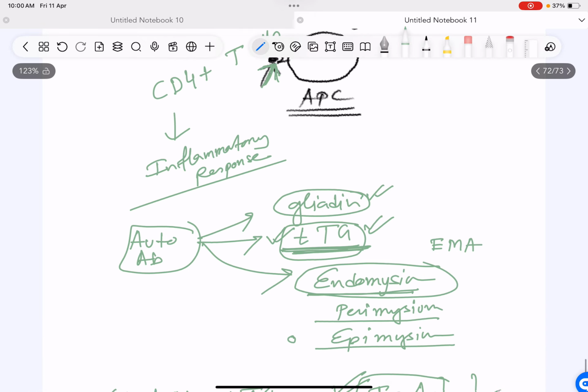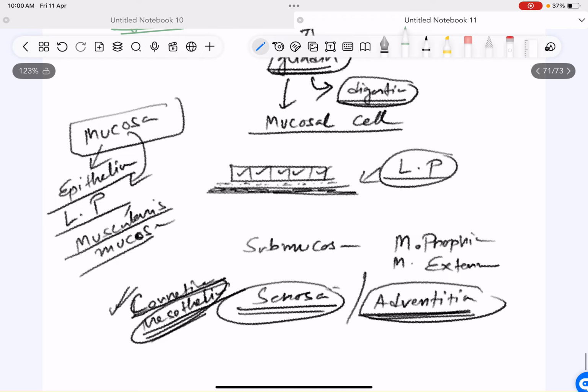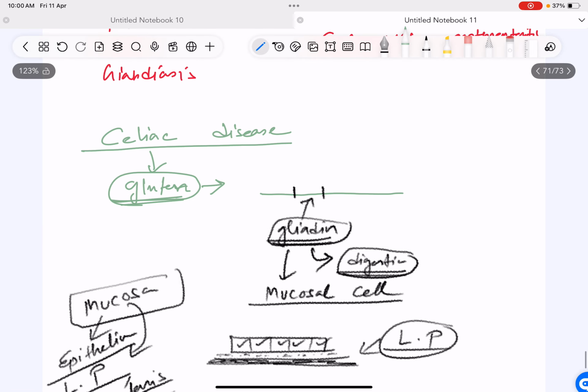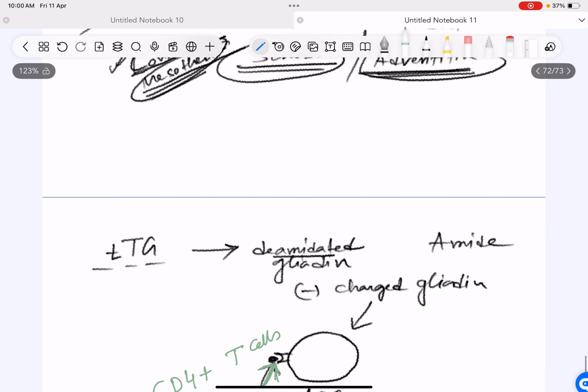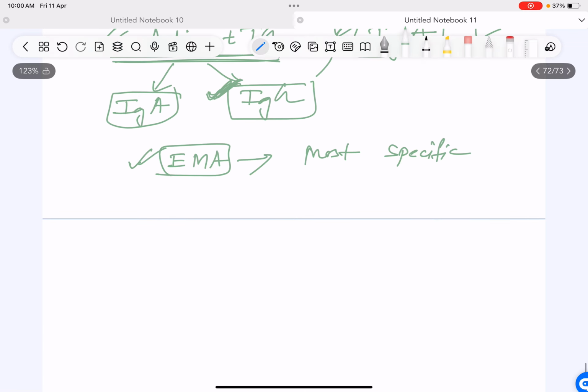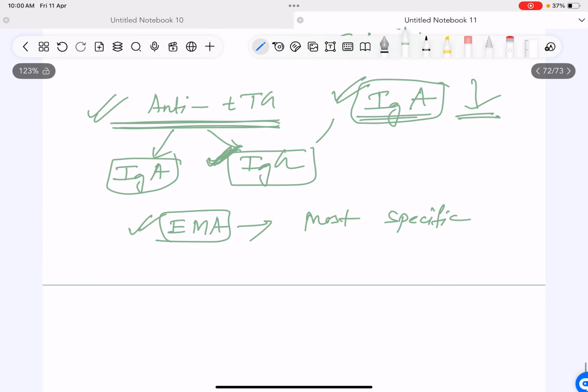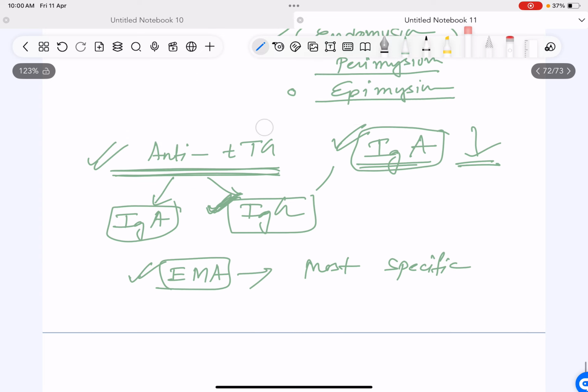And we know that gluten is present in wheat, barley and rye. So you tell them to completely avoid any gluten containing food, and to check the response of the treatment, you use anti-TTG. So anti-TTG helps in screening as well as for treatment response.